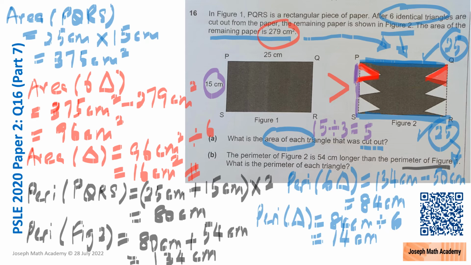Okay, so it means that this is 5 cm, this is 5 cm, this is 5 cm. Okay, to find the perimeter of one triangle that is cut out, we just take 14 cm, add that 5 cm. That gives us 19 cm. So 19 cm is the answer for part B.